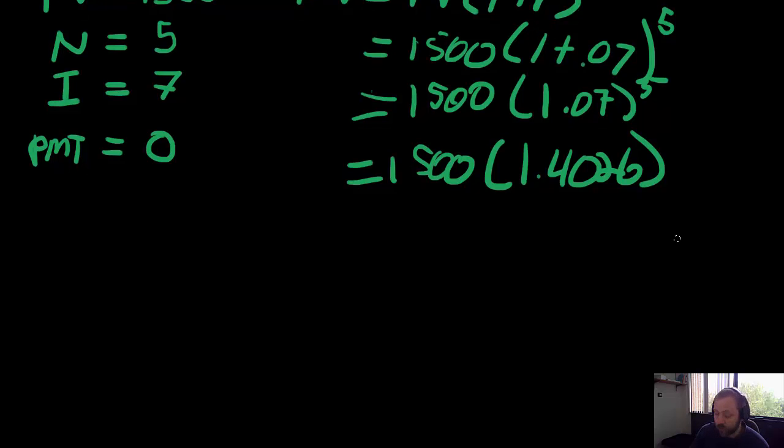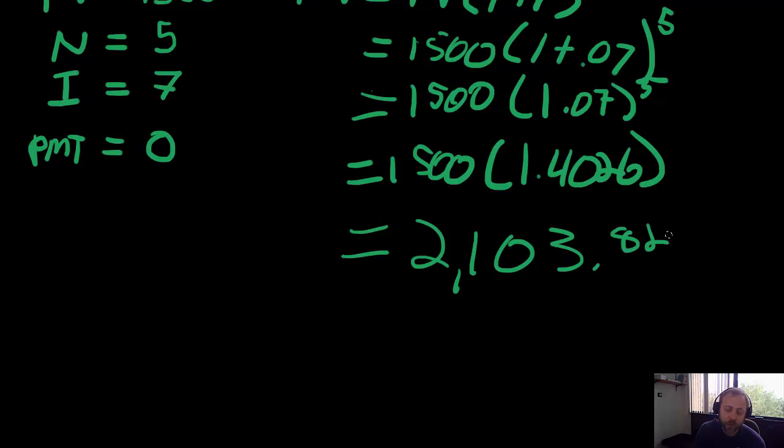If I multiply 1.4026 times 1,500, I'm going to get $2,103.82, or 83 cents if you round it up. So that's it. It's a very simple future value problem.